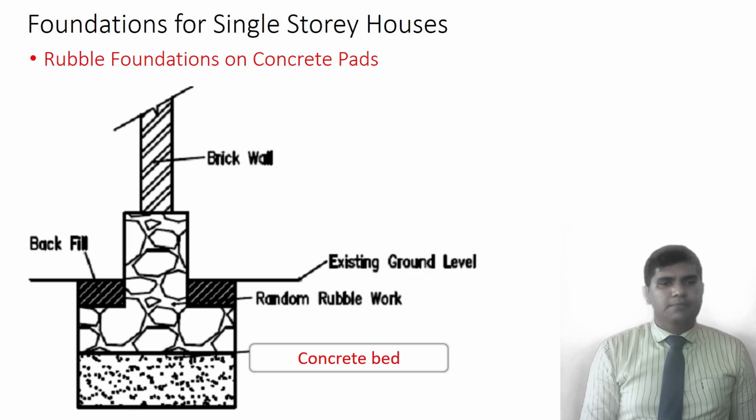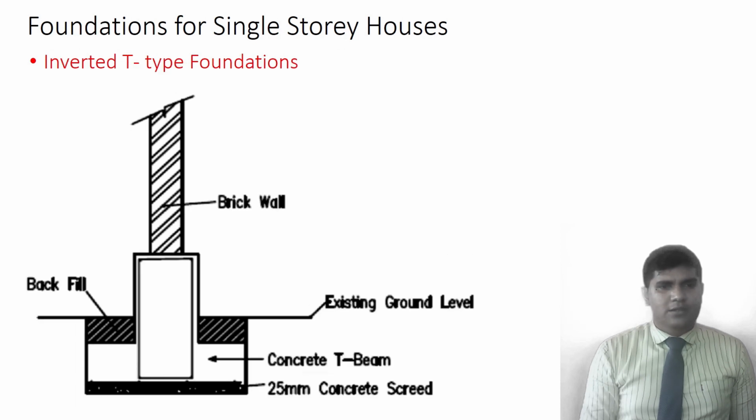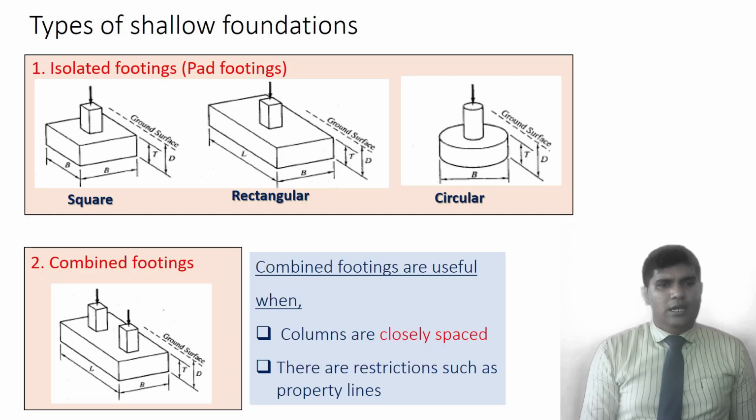And rubble foundations with concrete beds: if the soil is weak, one option is to increase the concrete bed and build the same rubble foundation on the concrete bed. And the last one is the inverted T type of foundation, also practiced in single-story buildings and single-story houses. And these are some of the shallow foundation types.